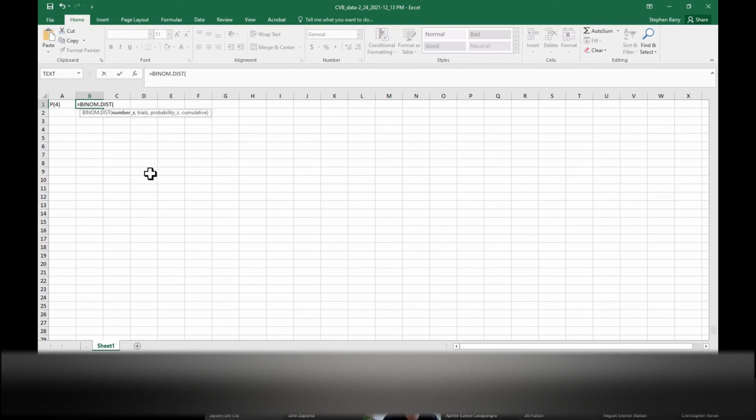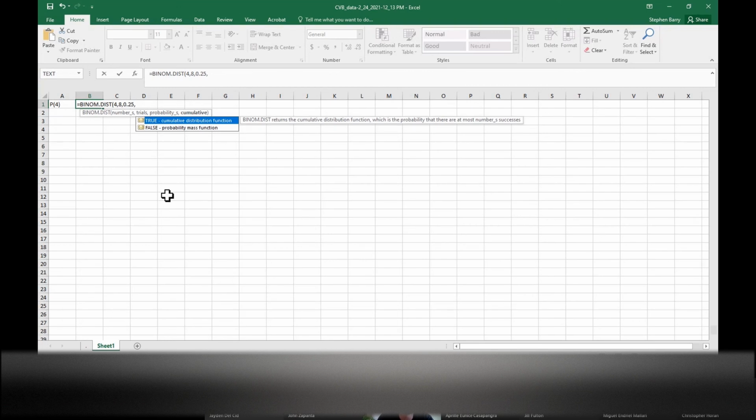And I'm going to say, so it says number S, that means successes, right? So I want 4, and then trials is 8. The probability of success, that little s, 0.25. And the next command, it says cumulative.